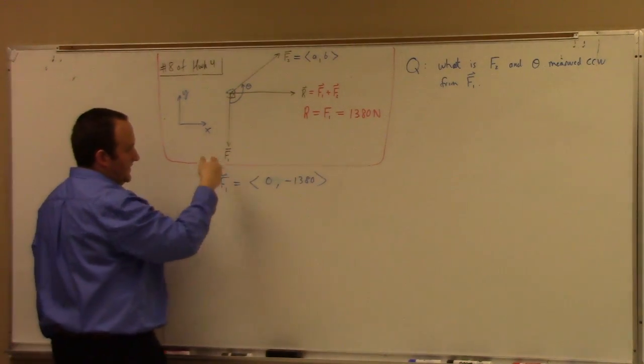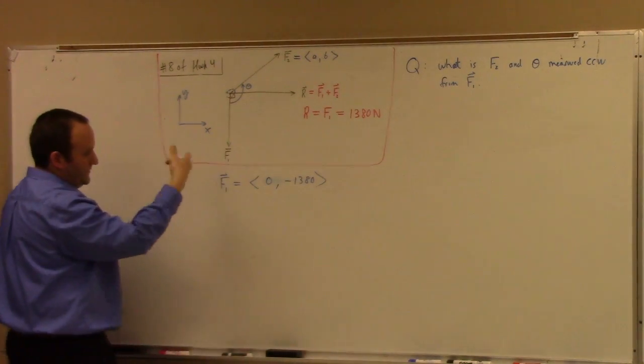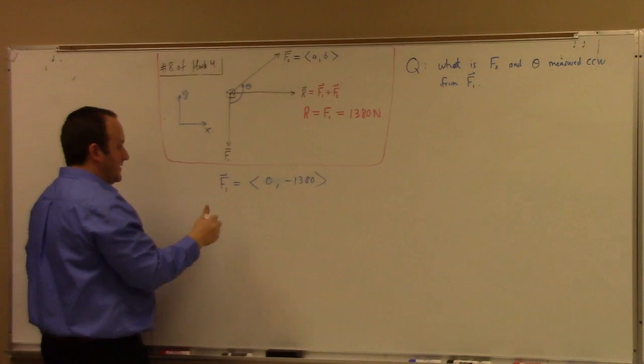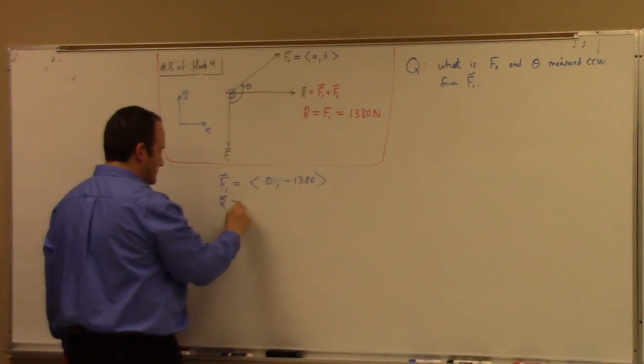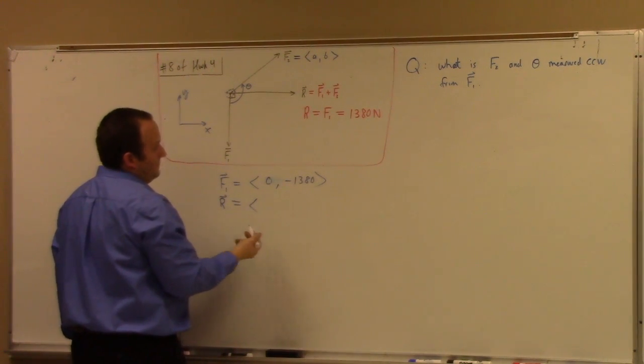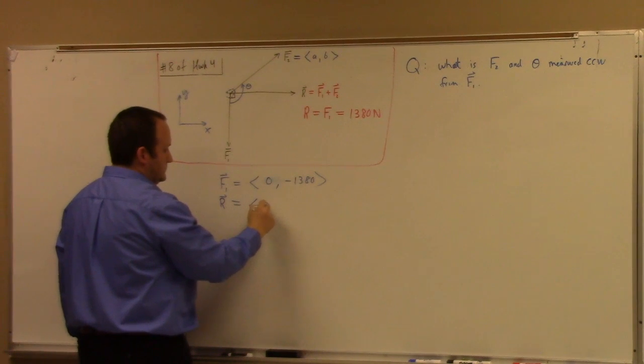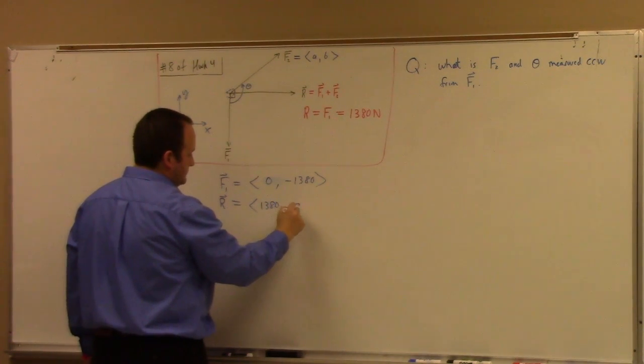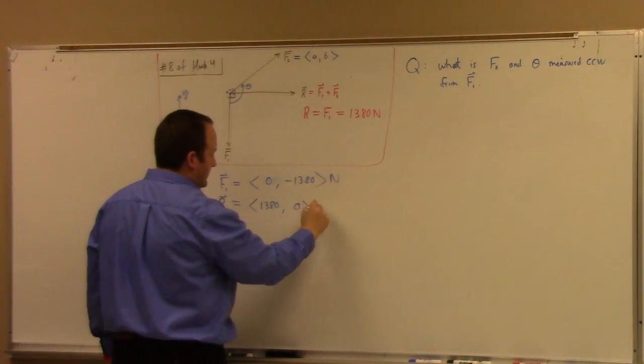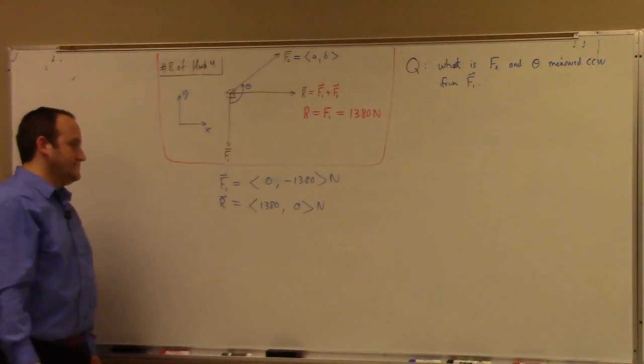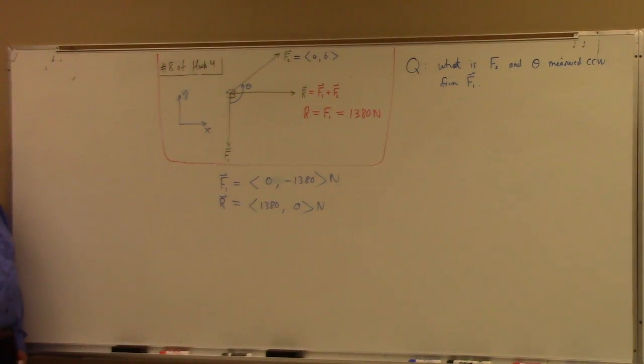So with the usual standard Cartesian coordinates, F1 is this, and what's R? These are both in newtons. Then solve for F2.